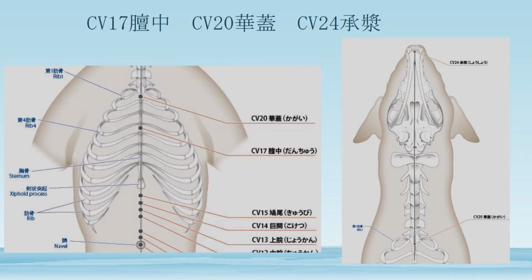And at the level of the 1st intercostal space, there is CV20. And then you go all the way up and slightly below on the lower lip midline, there is CV24. CV24 is the last acupoint on the conception vessel.